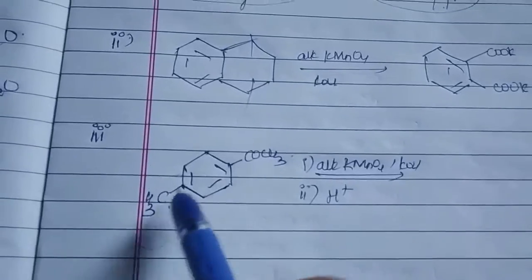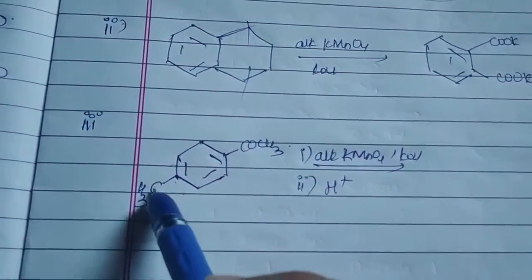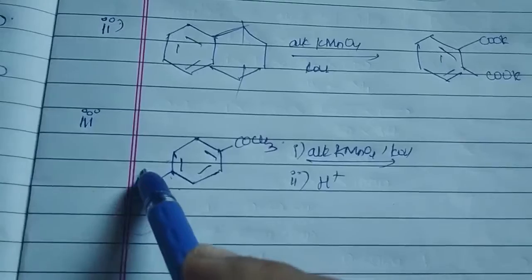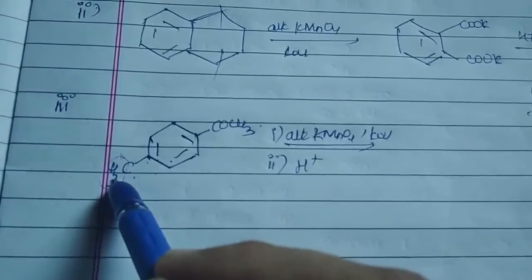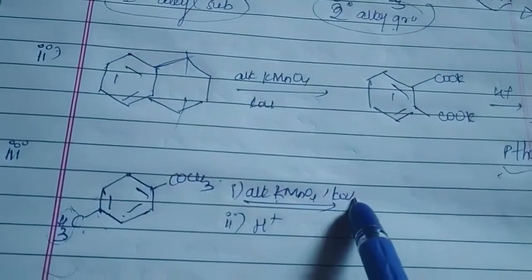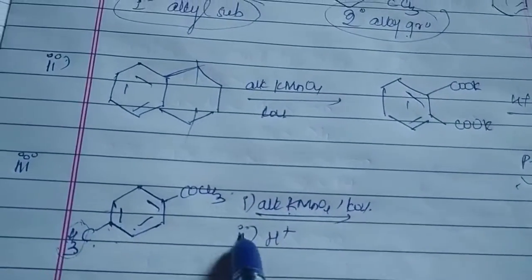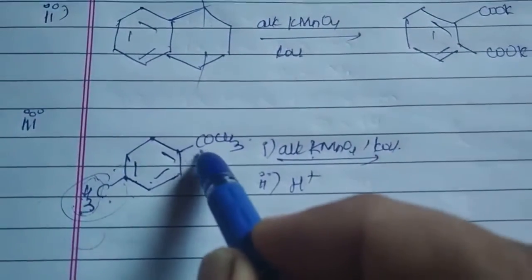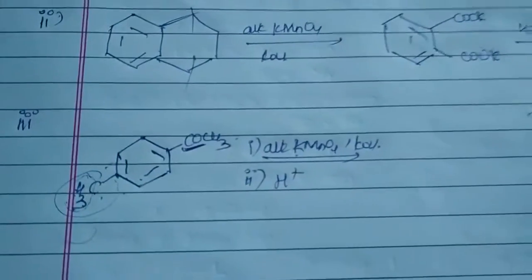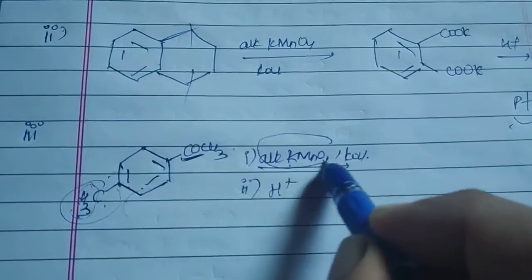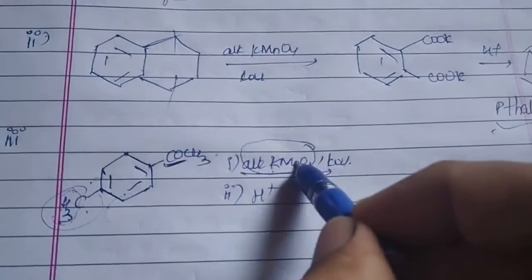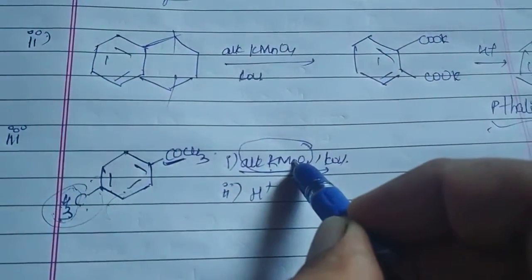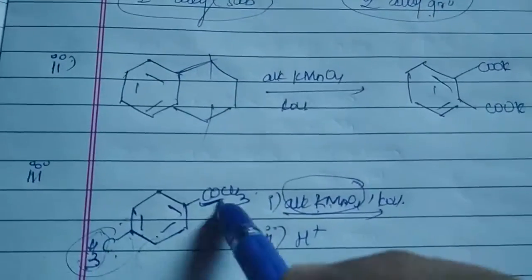First, this is an alkyl benzene, because at the benzylic position we are also having a benzylic hydrogen. So of course a benzoic acid must form. First, alkaline KMnO4 in the presence of KOH, this becomes COOK, on acidification COOH. But along with that, the alkyl benzene is also having a ketonic group. I said the same, how we use the reagent is very important to know. Since alkaline KMnO4 is the strong oxidizing agent, it will oxidize both groups.